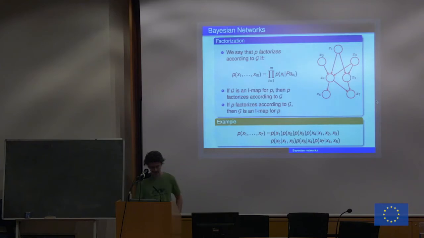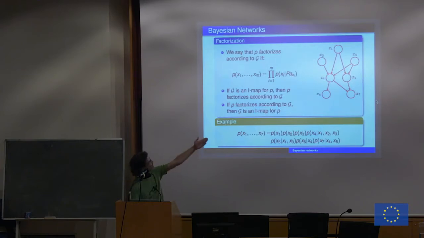Okay, now here is where factorization comes into play, okay? And this is what will allow us to do things efficiently. We say that P, the probability distribution, factorizes according to G, okay, if the joint probability over the variables can be decomposed as the product of the probabilities for each node given the parents of the node, okay?